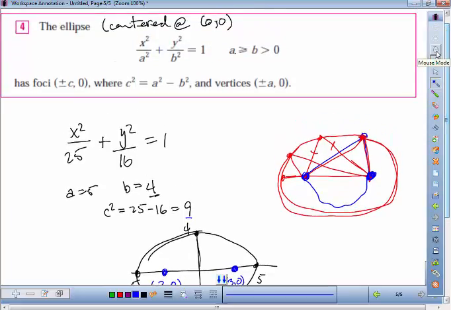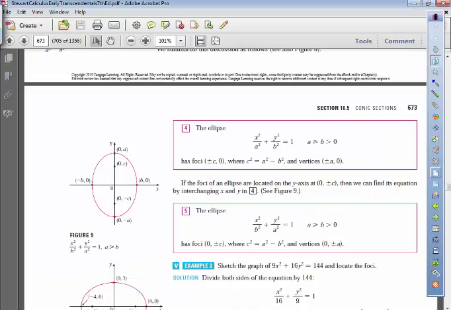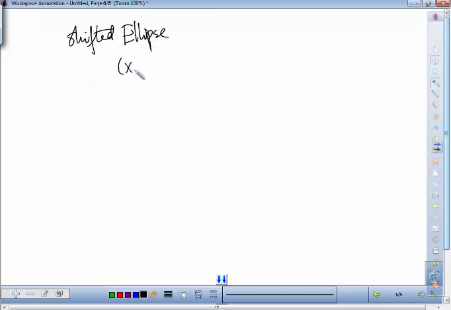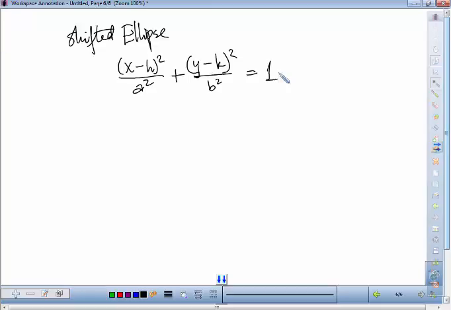So now let's extend this idea to a shifted ellipse. And then if you have a shifted ellipse, then you can imagine your focus points are also going to shift, right?